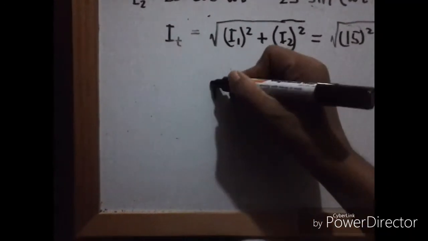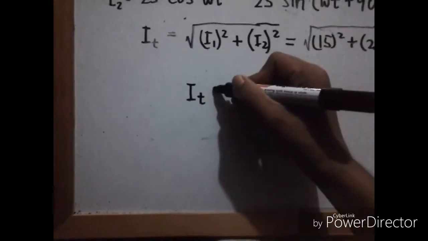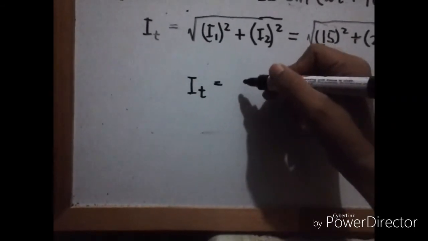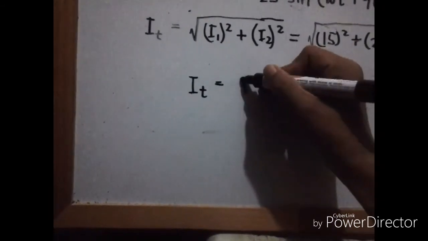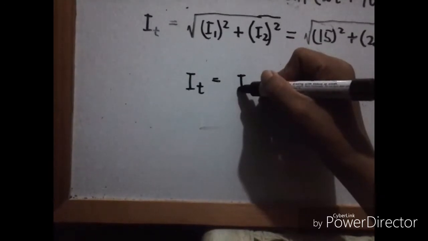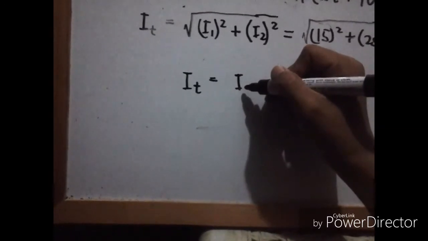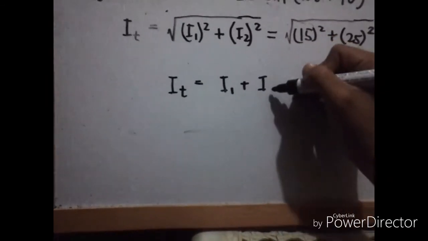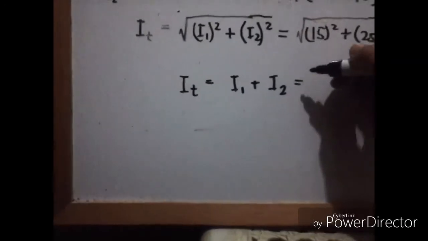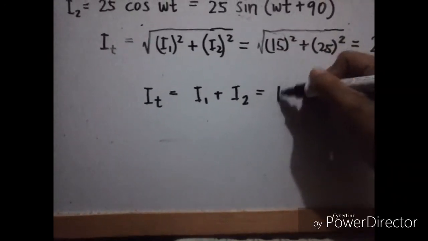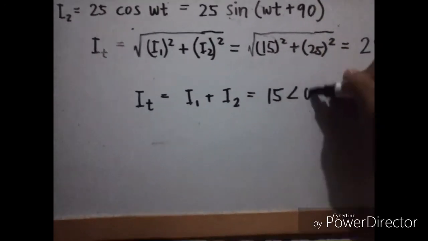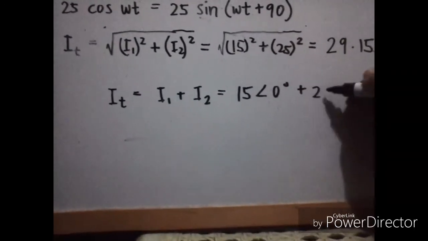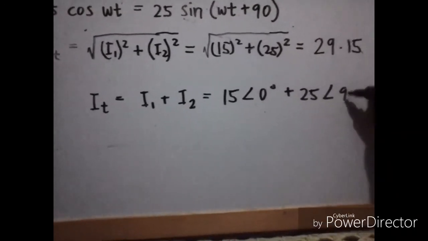IT is equal to I1 plus I2, which is equal to 15 angle 0 degrees plus 25 angle 90 degrees.